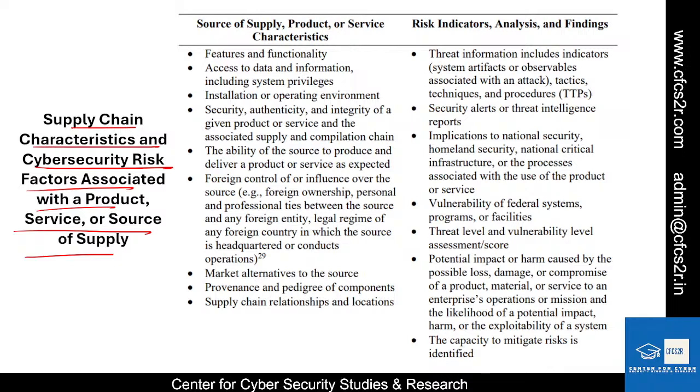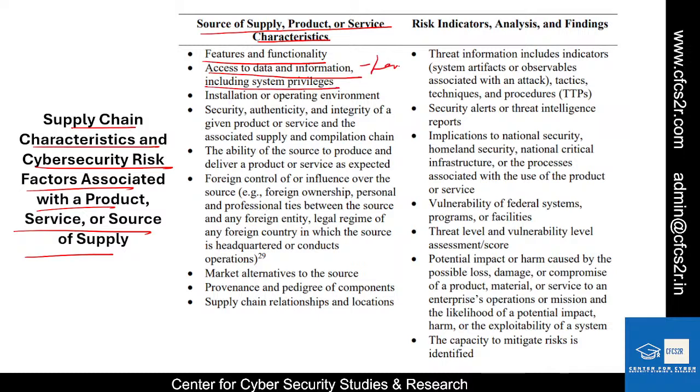Okay. So basically, this table is taking care of the supply chain characteristics. So let us see and talk about them one by one. Whenever we talk about source of supply, product or services, we have to check its features and functionality. We have to keep it in line with our requirement, that is what our requirement is and how we are going to do it. Then we have to check access to data and information, including system privileges.